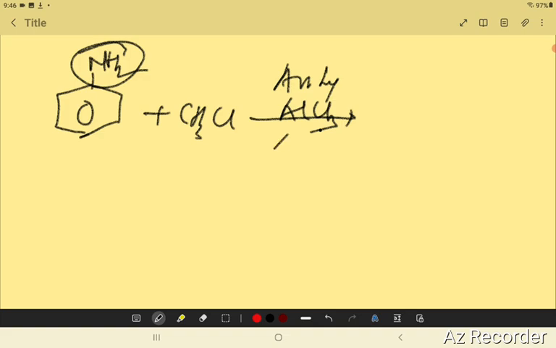If you add anhydrous AlCl3, it will react with the amino group and it will not convert the alkyl halide into positive ions. So electrophilic substitution is not possible. So aniline will not give the Friedel-Crafts reaction.